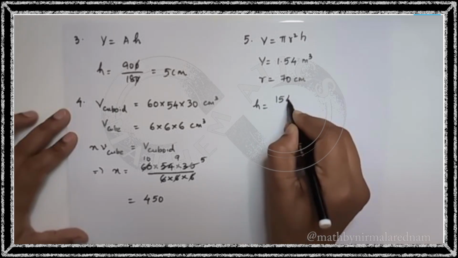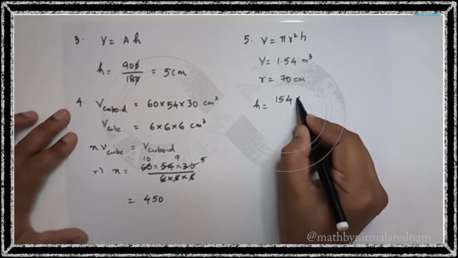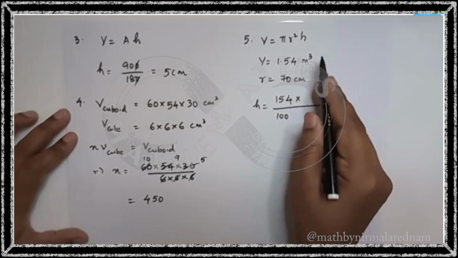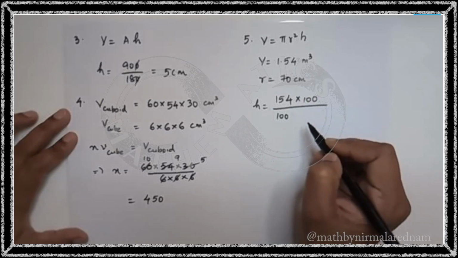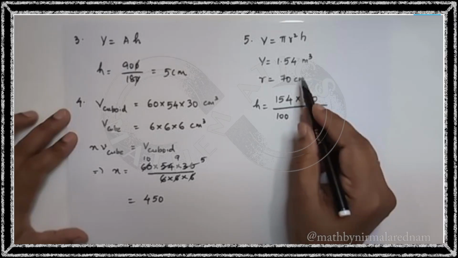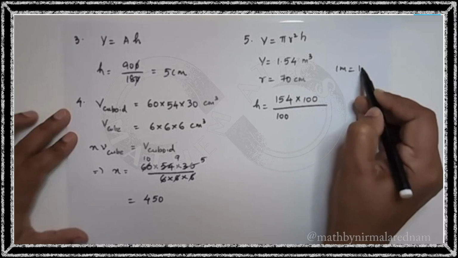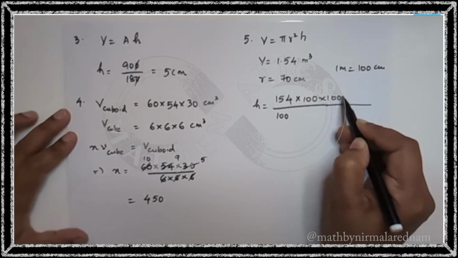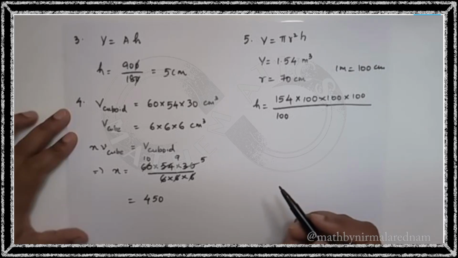So I'm going to write it as 1.54, which is, you know, I'll have 100 here, and then I'm converting this by having 1 meter is 100 centimeters. So I'm going to have so many zeros, right?